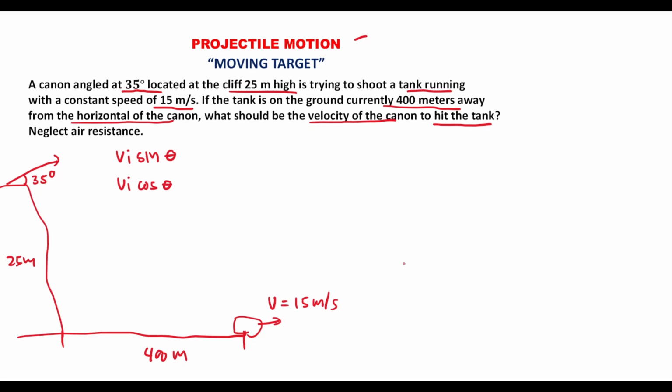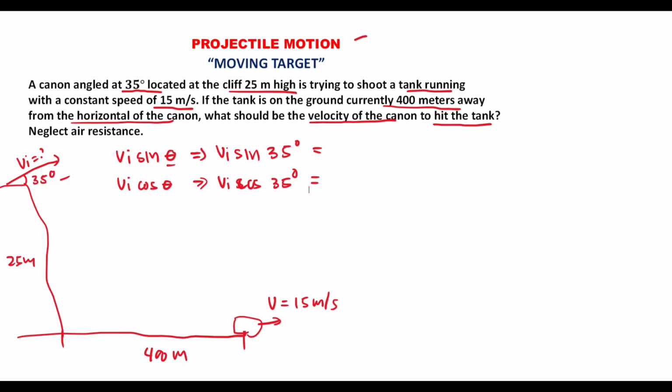Since the initial velocity is unknown, this becomes the initial velocity times sine theta, where the angle is 35 degrees, and this is the initial velocity times cosine theta. Again, the angle is 35 degrees.